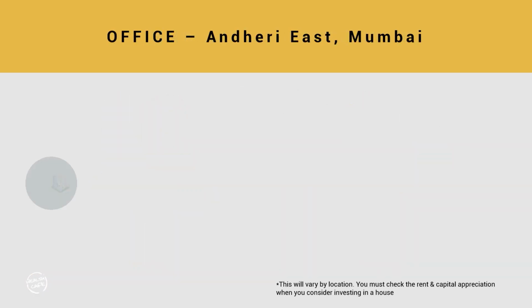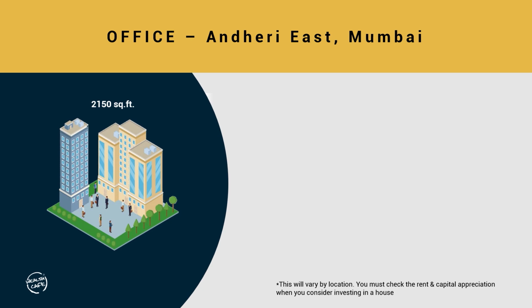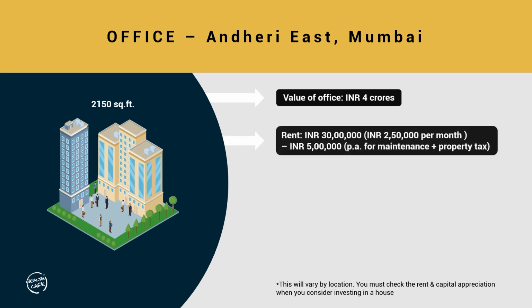If you invest in an office property in the suburbs of Mumbai, say in Andheri East, and look at a 2,150 square feet office, the expected value of the office would be INR 4 CR and you can expect to earn a rent of 2,50,000 per month or 30 lakhs per year. Obviously, the maintenance and property tax of a commercial property is much higher compared to a residential property, on an average at least.